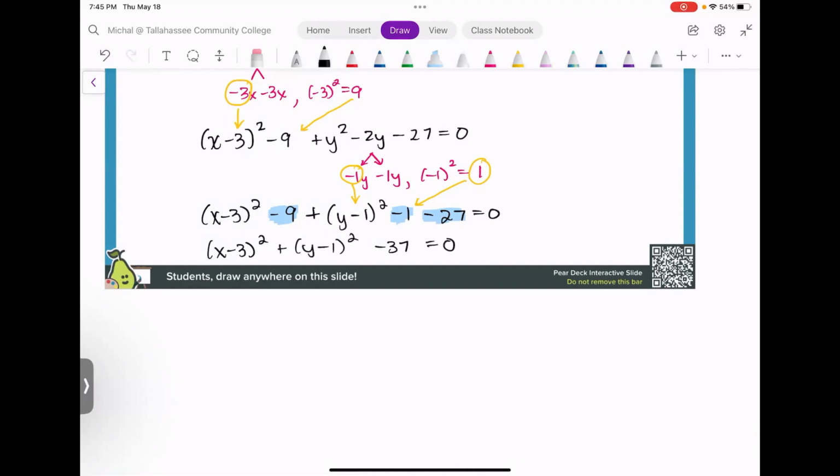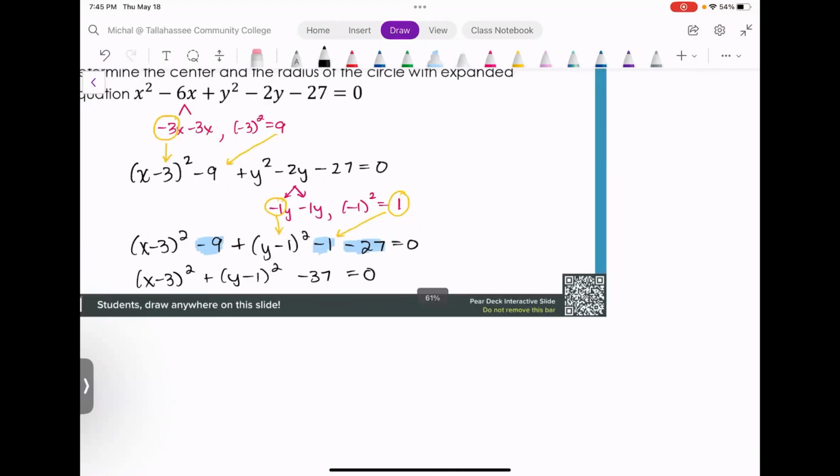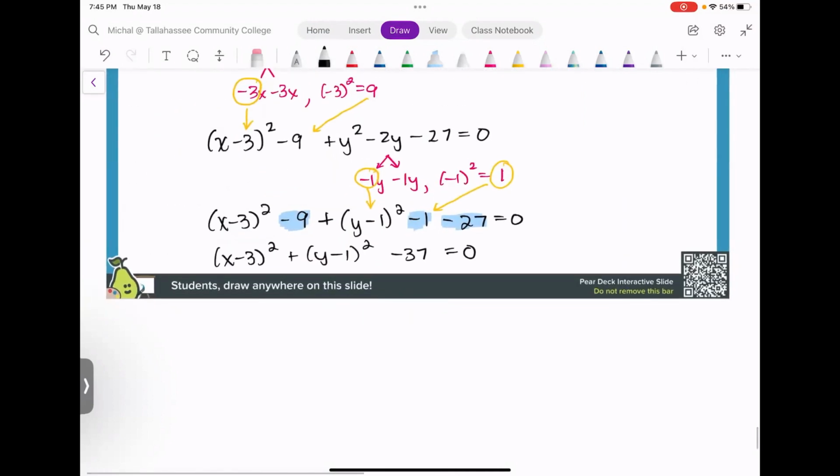So I have (x minus 3) squared plus (y minus 1) squared minus 37 equals 0. I'm going to add 37 to both sides of the equal sign.